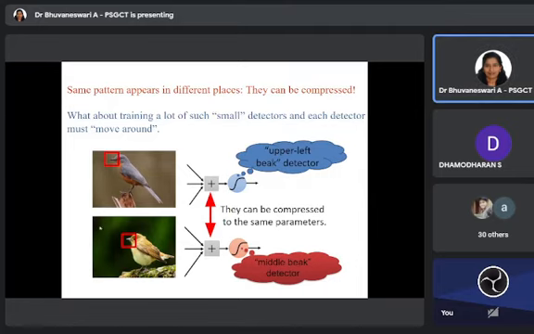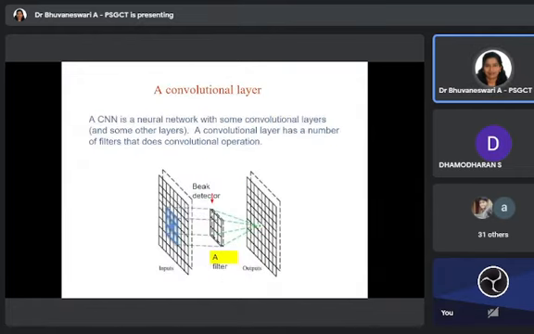So for the same application, you have to combine both the functions so that whatever the image that is given, it should be able to identify the feature. So this is what we call feature extraction and classification.